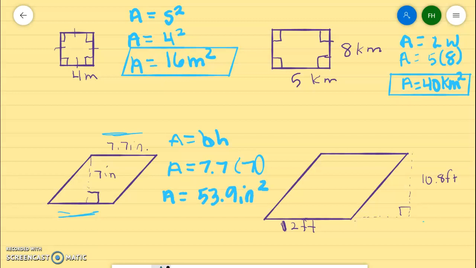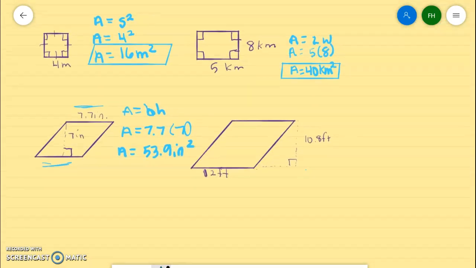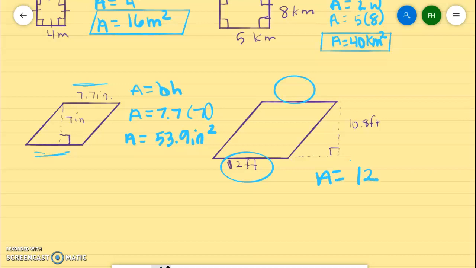And then over here, this is the same type. Your bases are 12. These are your bases. So you're going to do 12 times your height, which is the height from the top to the bottom base, which is 10.8.